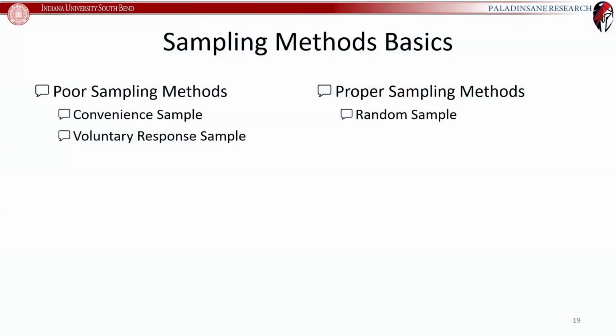So if you're doing sampling just in general, one thing that can often occur is a thing called undercoverage.